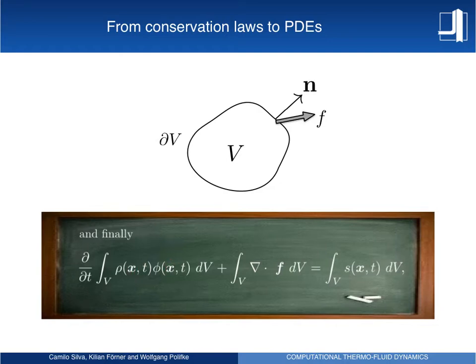So here the density, which is the density of the carrier fluid, and also the quantity we're interested in, depend on space and time, the same as the source. We also want to investigate now this flux. What is this flux about?